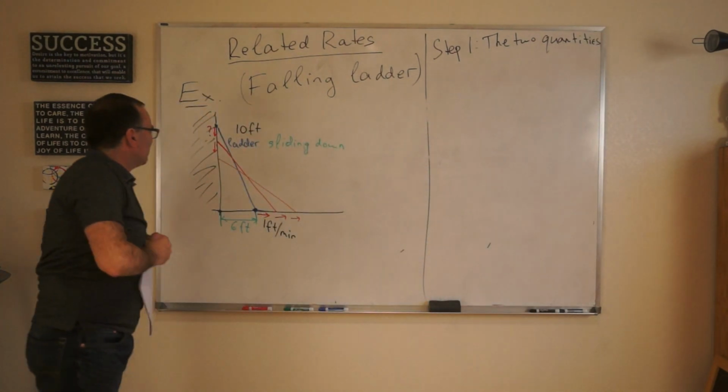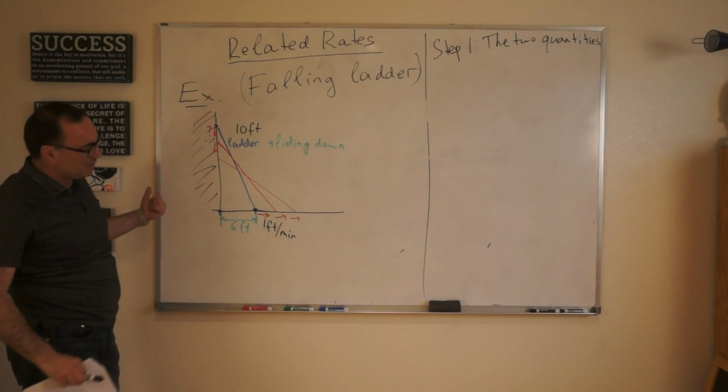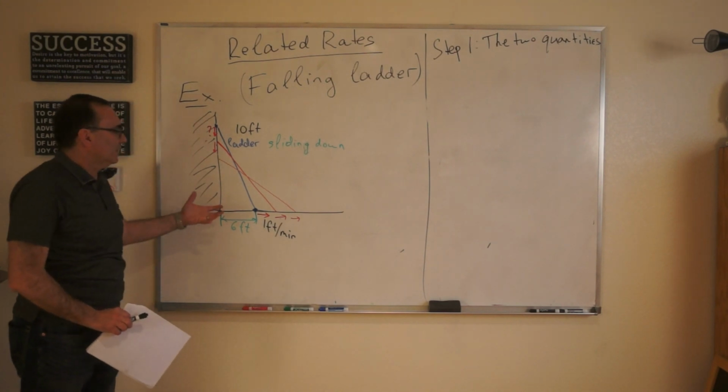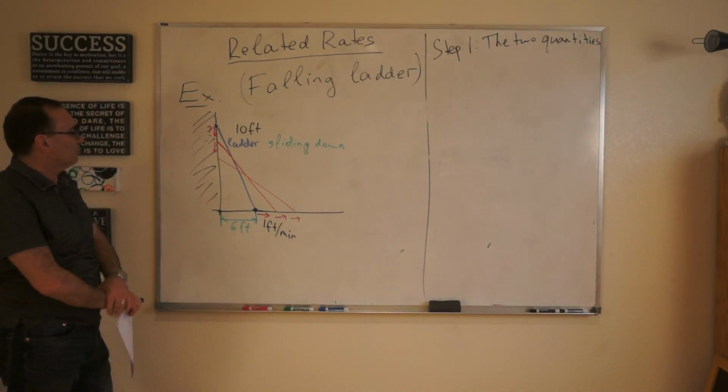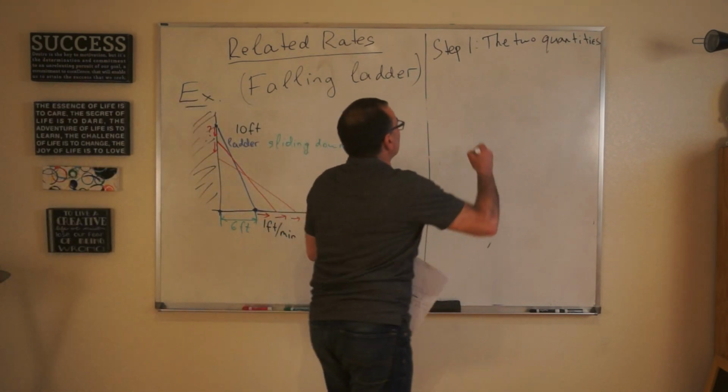Now, in this example, those two quantities are more tricky to determine. In the previous example about the inflating ball, the two quantities were seen clearly on the picture, like radius and volume of the ball. Here they are less clear. So let's go again with the two quantities.